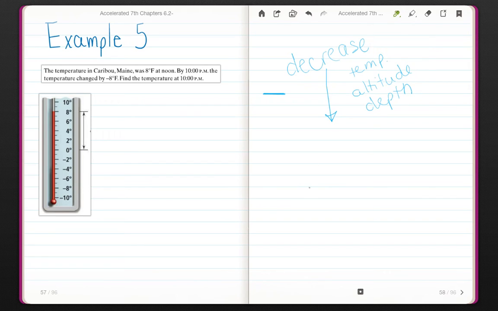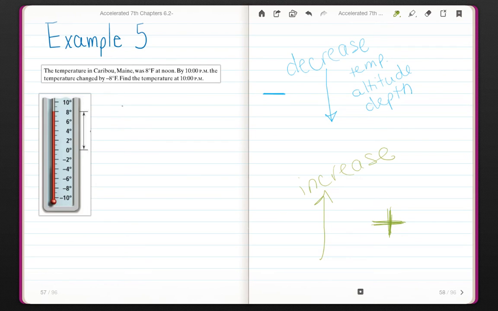When you have an increase in any of those things, it is always positive. So, the temperature changed by negative 8 degrees, which means the temperature fell. There was a decrease. So, how do we find this?